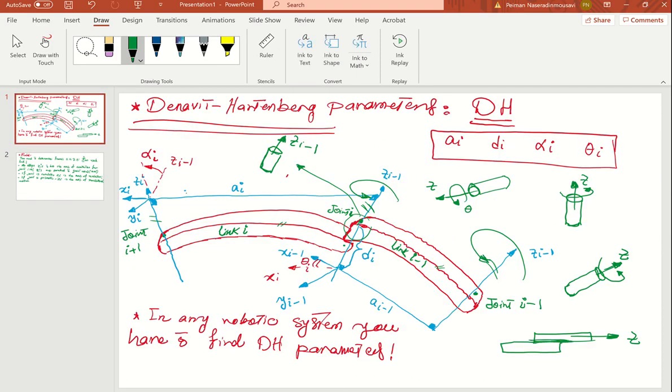See here, they are sliding in this direction, so this is going to be z. Clear?